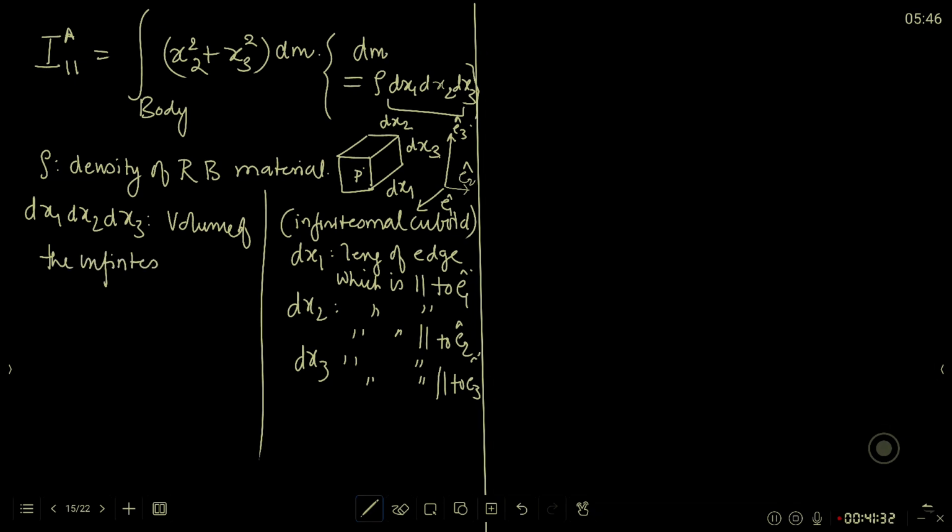The moment dx1, dx2 and dx3 appear, I would like to now write this integration in a more precise manner as a triple integral.